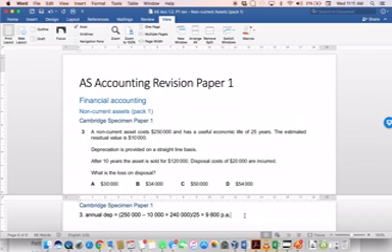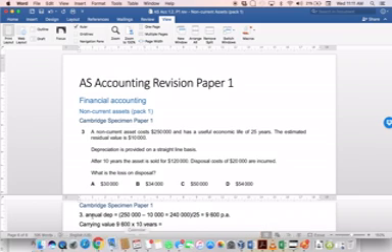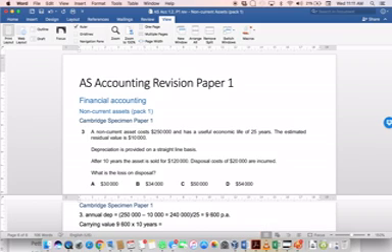Well, first we need to work out what the carrying value at that particular time would have been. 9,600 times the 10 years that you've had it means that the total depreciation would have been 96,000 as the total accumulated depreciation, and your cost was initially 250,000.